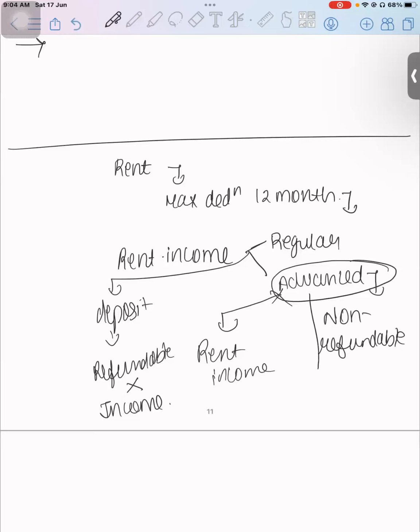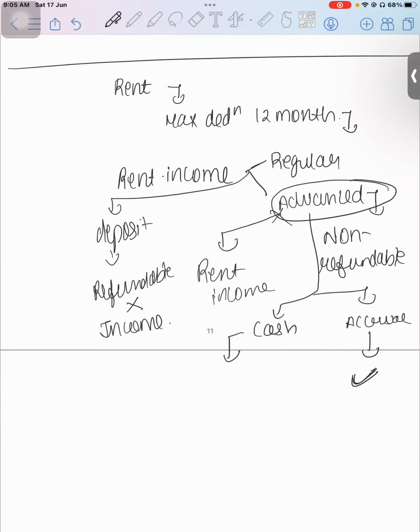Now here, check whether he is using the cash method or accrual method. If he's using the cash method, then he will include it in his income. If he's using the accrual method, then he is not going to include it in the current year.